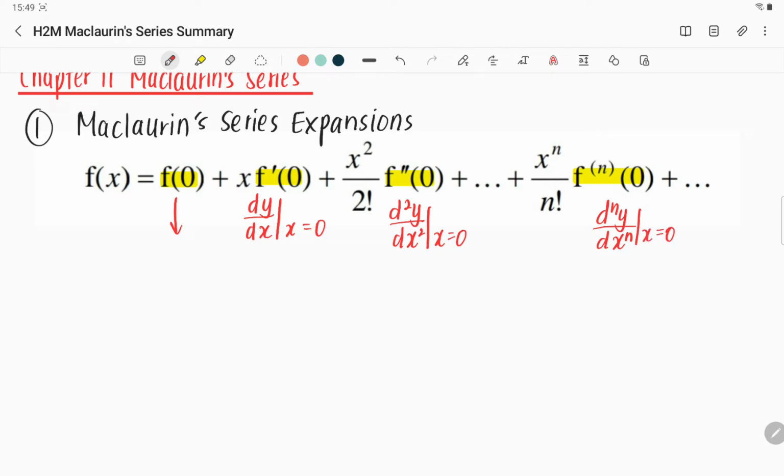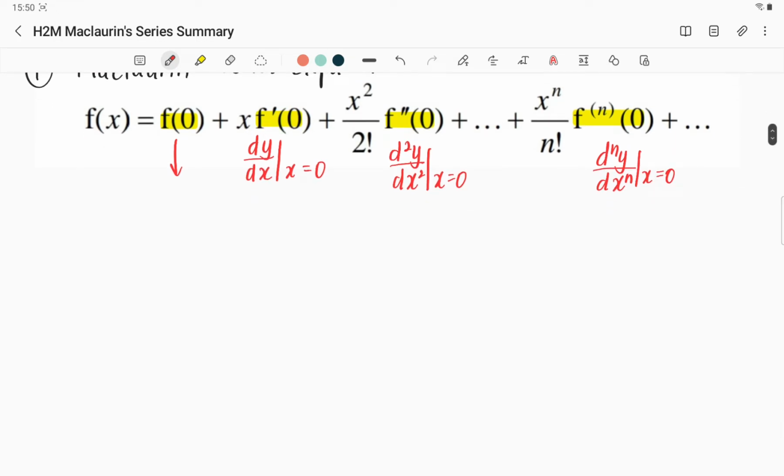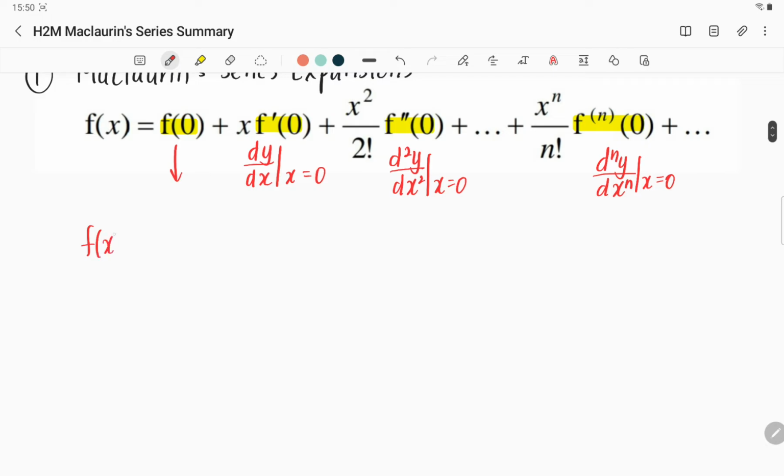Okay, so let me just give a quick example on how we can actually do this. For instance, if I give f of x to be e to the power of x, all right? So how do we apply this formula then? We of course must find the first derivative, second derivative, and so on until the question stops you from doing so, okay?